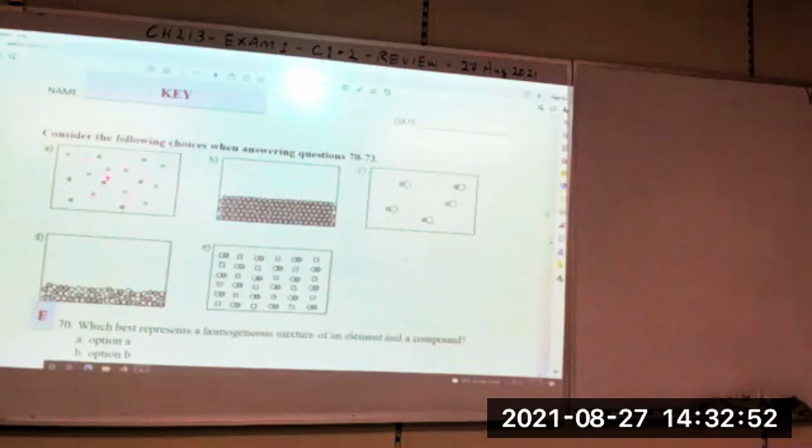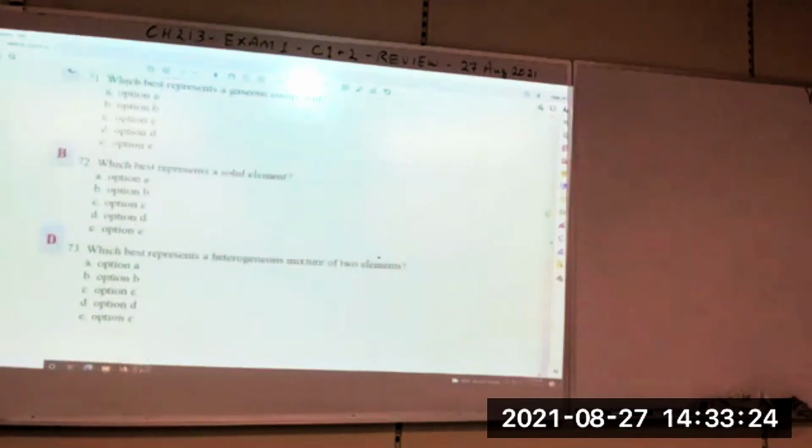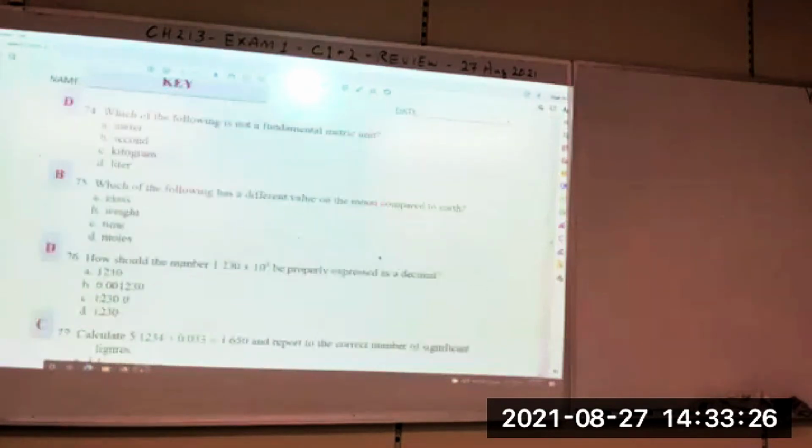This cannot be heterogeneous because it's a gas mixture. All gases are solutions. Well, if they're mixtures, they're solutions. If it's a pure gas, then it's not a solution. It's a pure substance, like this one. But this one is a mixture of those two. And it's a gas, so it has to be a solution. It has to be homogeneous. So this one's the only one that would work for 73.